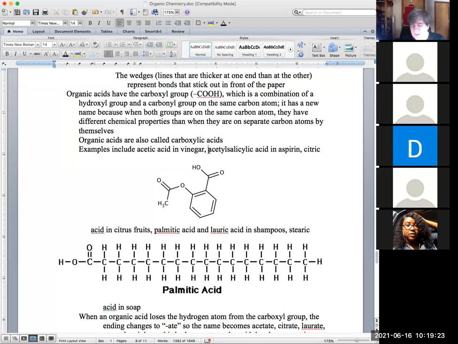Now, there's something that's kind of related to this. You can tell by the beginning of the name, acetyl, but it's got a longer name, acetyl salicylic acid. This is actually the ingredient that fights pain that's found in aspirin. When it says that your aspirin tablet is 120 milligrams or whatever it is, it's 120 milligrams of acetyl salicylic acid.